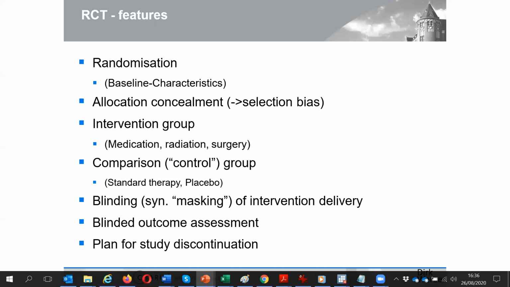Regarding allocation concealment, maybe I didn't describe this well. You have got your two groups: one group which you are giving an intervention, and the other group which you are not. So you have the interventional arm and the control arm. Allocation means what you are giving to these arms, and it's concealed.